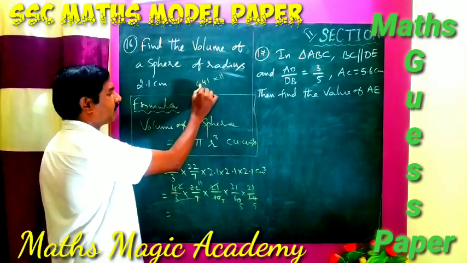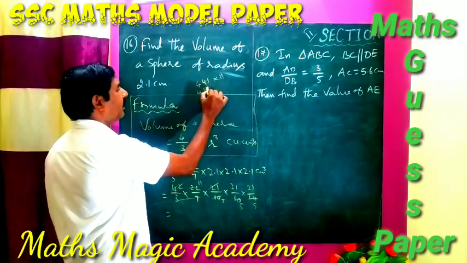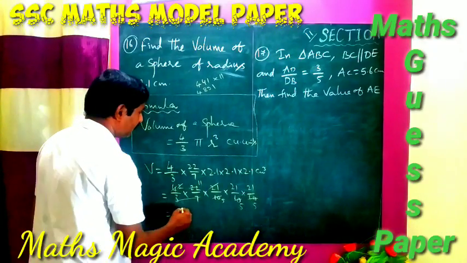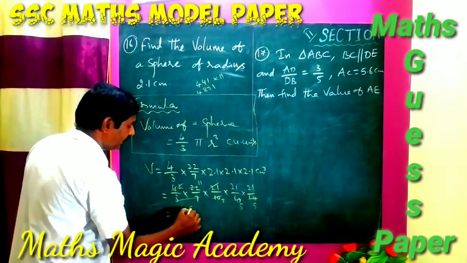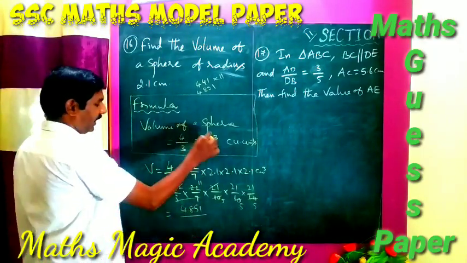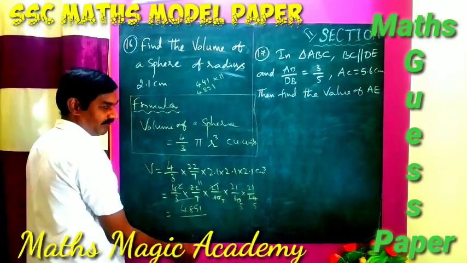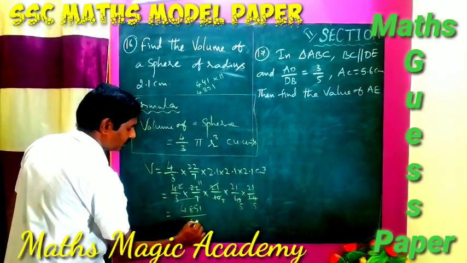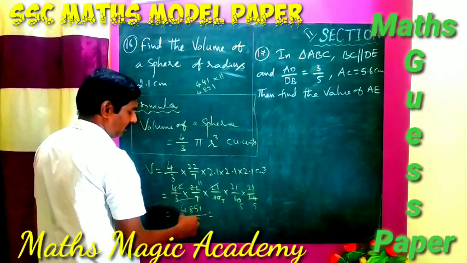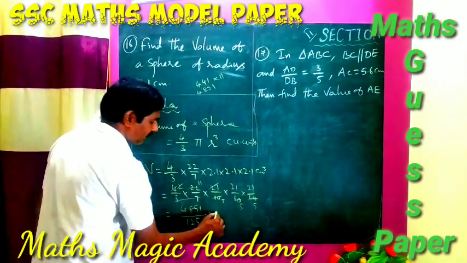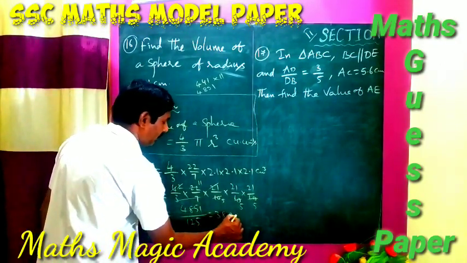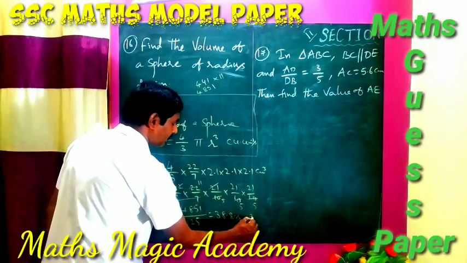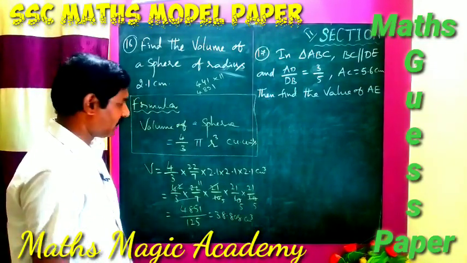So 4 plus 4 is 8, and here 4 plus 1 is 5, and here 1. That means it is 4851 by, here 5 is there, 5 is 25, 25 is 125. If you do the division, then you will get 38.808 centimeter cube. Okay, right.